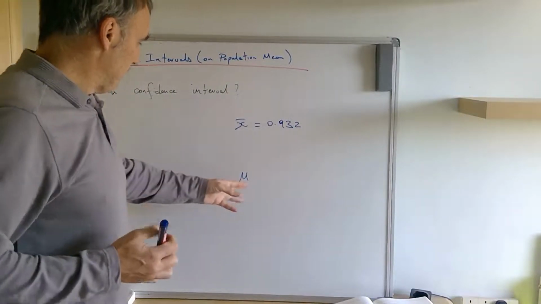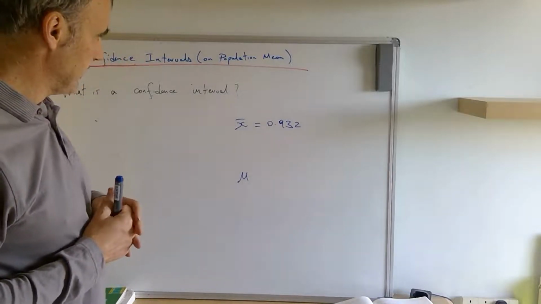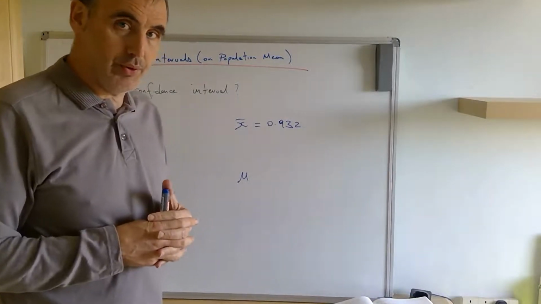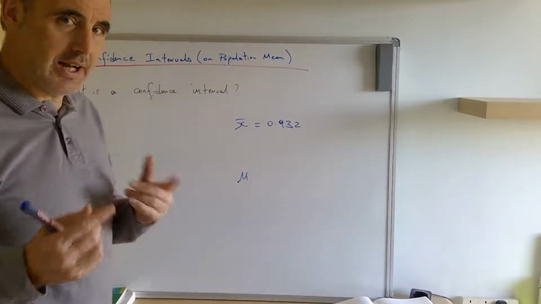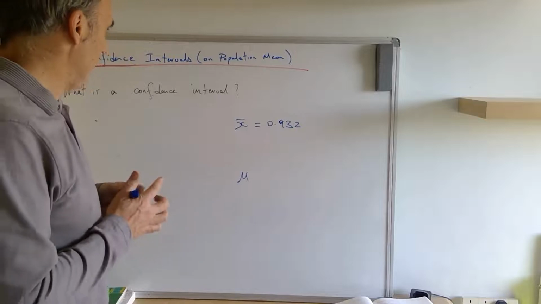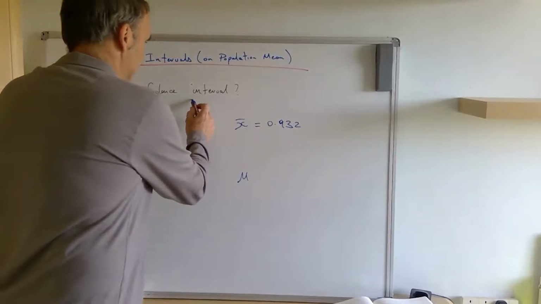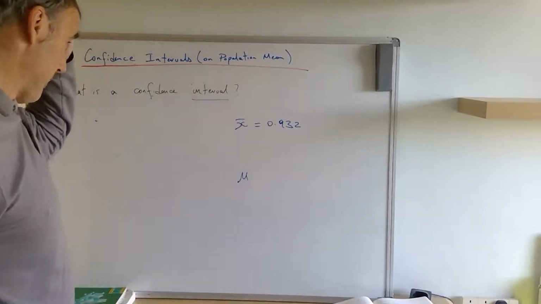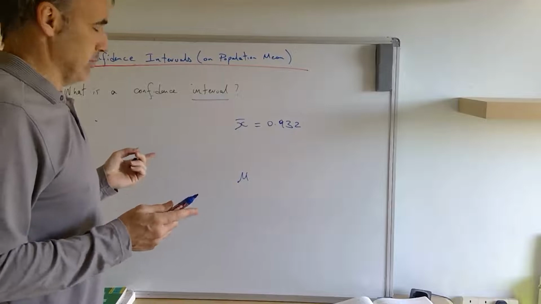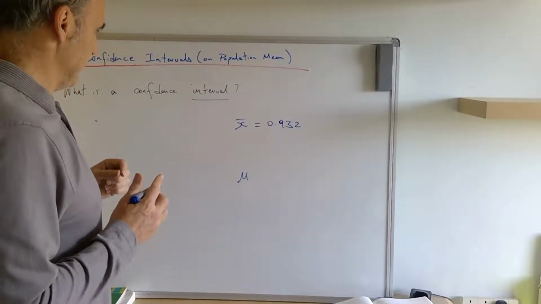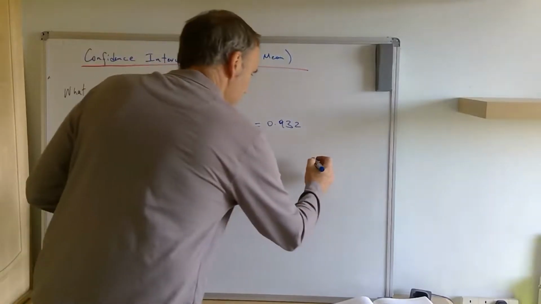Now we could say that the mean of the actual population is likely to be close to 0.932 because the sample size is 64. But the question is how close and how confident are we? So that's part of the idea, but let's unpick that a little more. Interval, in a mathematical sense, has a specific meaning, and in a statistical sense it basically means a range of numbers.